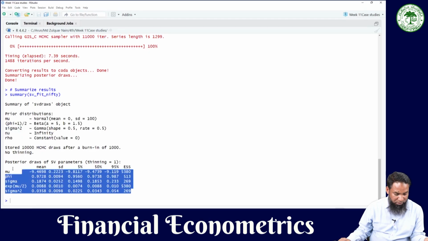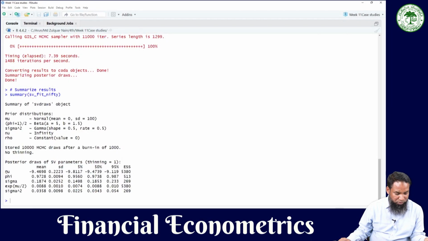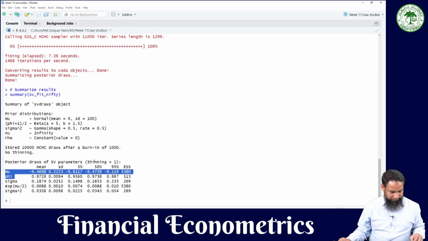What we can see here, mu is the mean, phi is basically the mean equation, and sigma, exponential sigma and sigma square are basically for the variance equation, and this is for the mean equation. And we can observe here the mean and the standard errors.